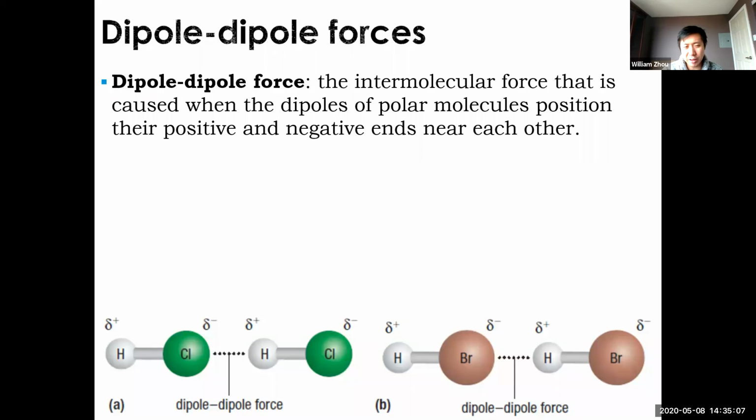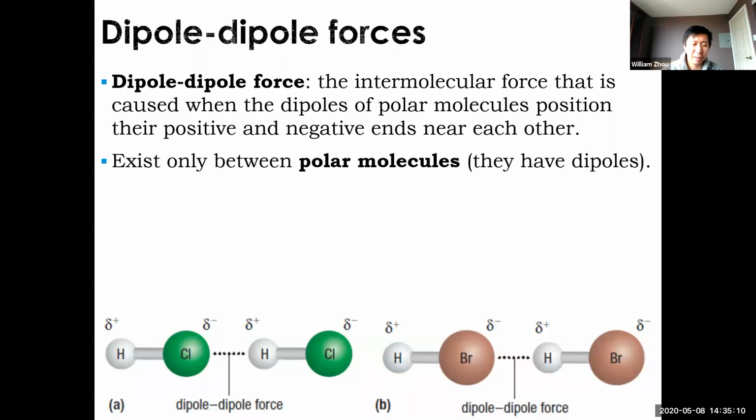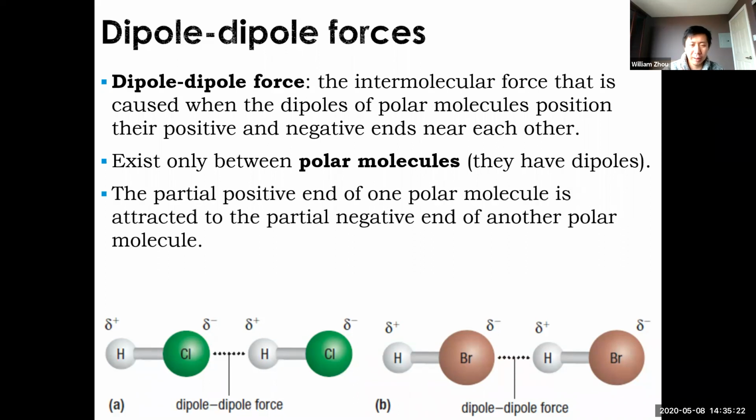Now, this attraction is weak because these dipoles are weak. Dipoles are partial charges. They're not fully 1 plus or 1 minus. It is part of a charge, but still, it's a charge nevertheless. It is better than nothing. So these are weak forces, but these dipoles are permanent.